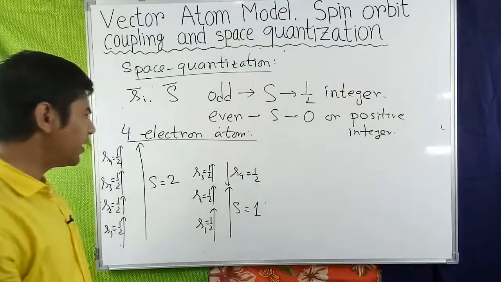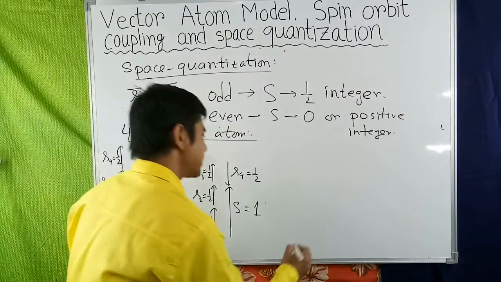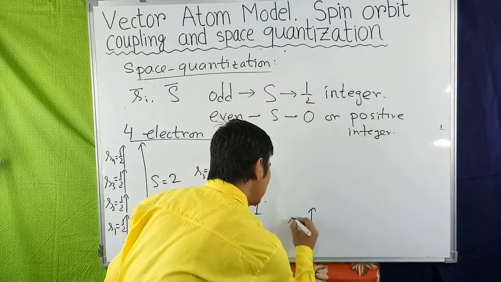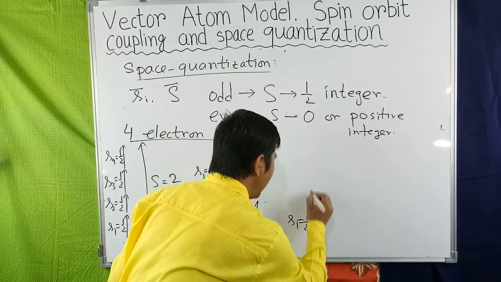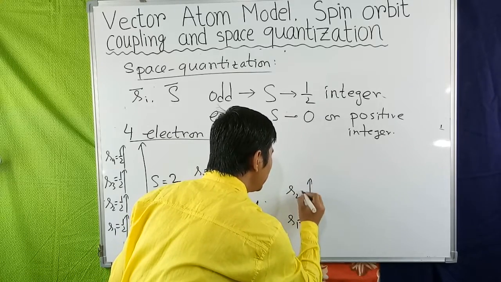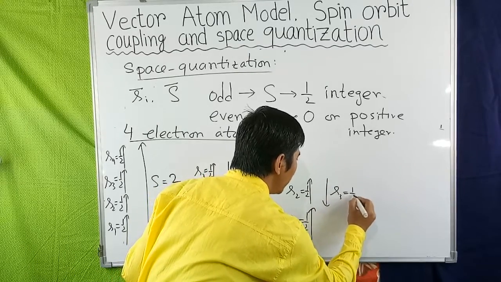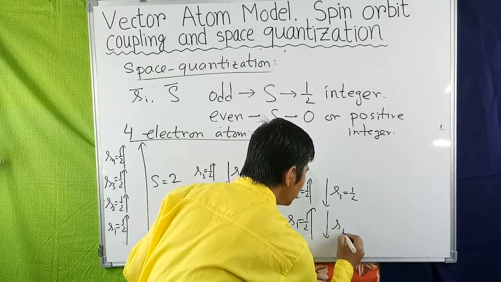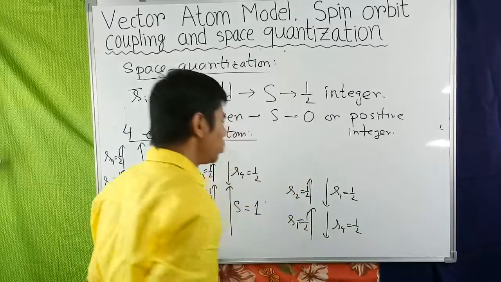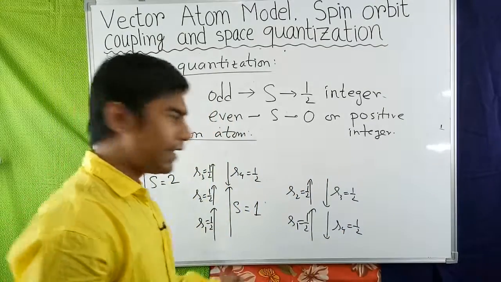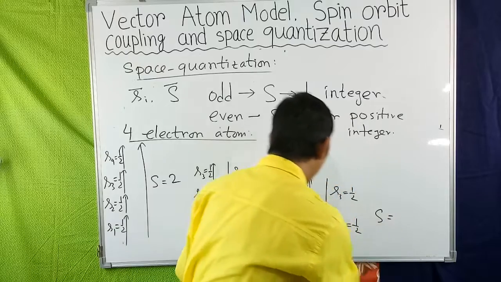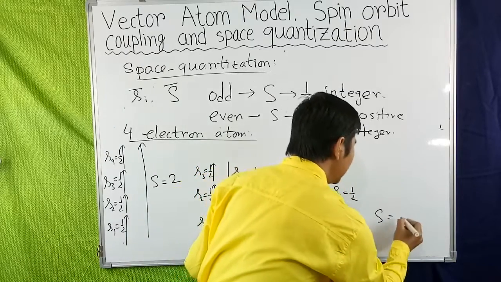Now the third possibility is, suppose S1, S2, S3 and S4 are each half. So here the resultant S is S equals to half plus half minus half minus half, that is 0.